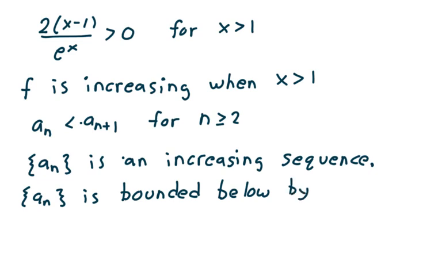So we can say this is bounded below by 3 minus 2 times, and I could just plug in 2 times 2e to the negative 2, which is 3 minus 4 over e squared.